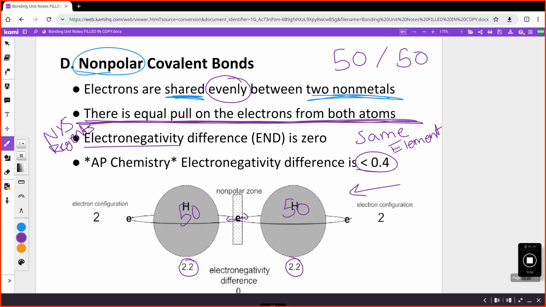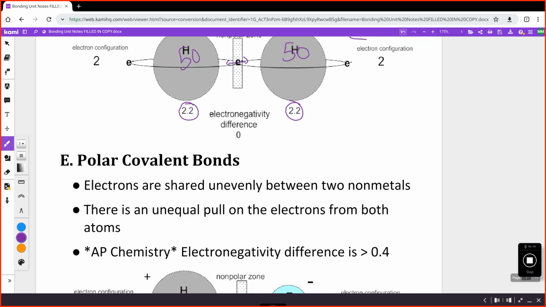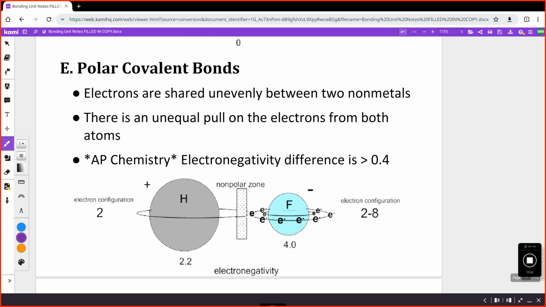Now, if you're at your friend's house and they're sharing 50-50, that's great. I'm happy. I'm happy for you. I'm happy for me if it gets to be me. But the unfortunate thing is there's one other type of sharing, and that's the uneven sharing of electrons. Again, in this polar covalent bond, electrons are shared, and it is always between nonmetals.